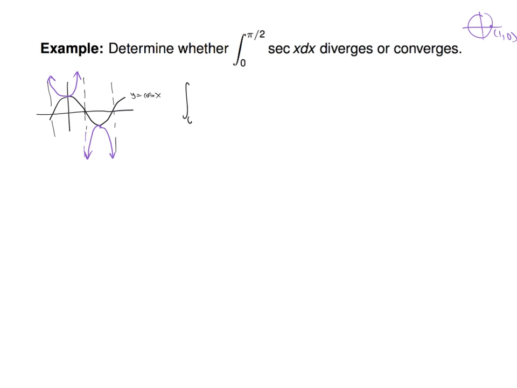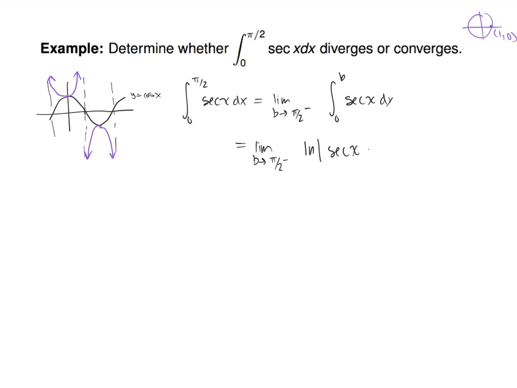Okay, so the integral from 0 to pi halves of secant x dx is limit as b goes to pi halves, and from what side? This time it's the left. Integral 0 to b. All right, what's the antiderivative of secant?